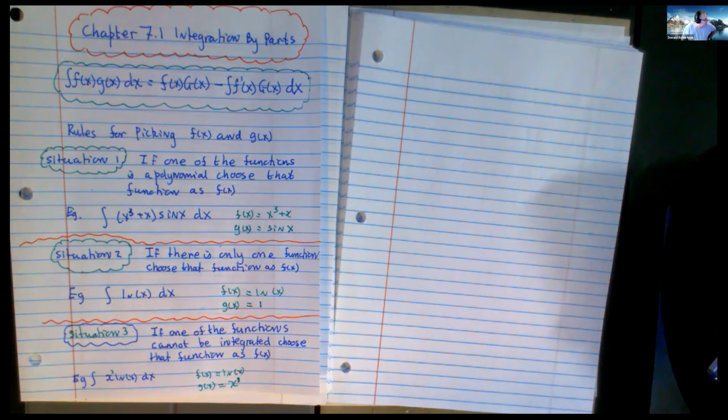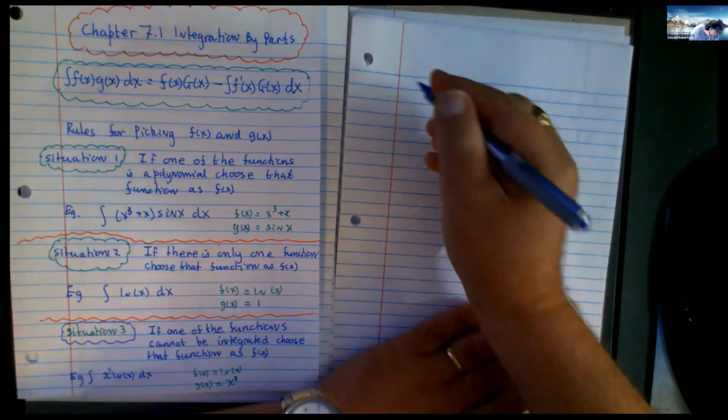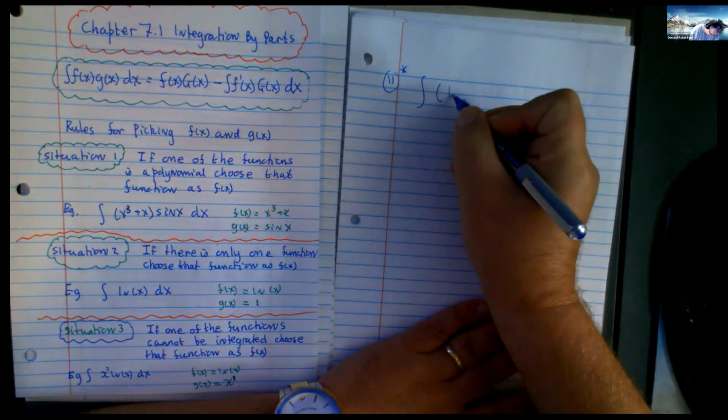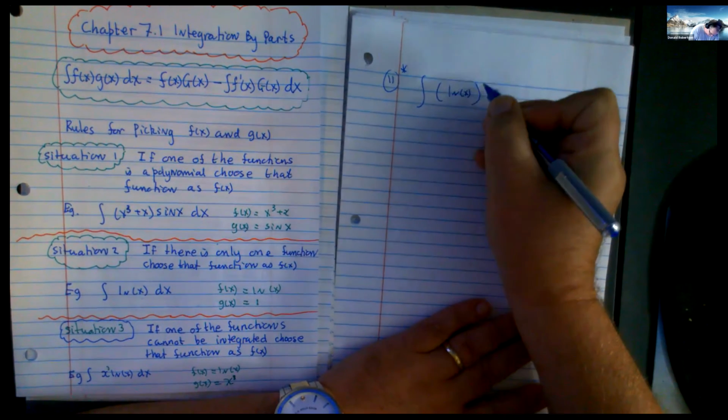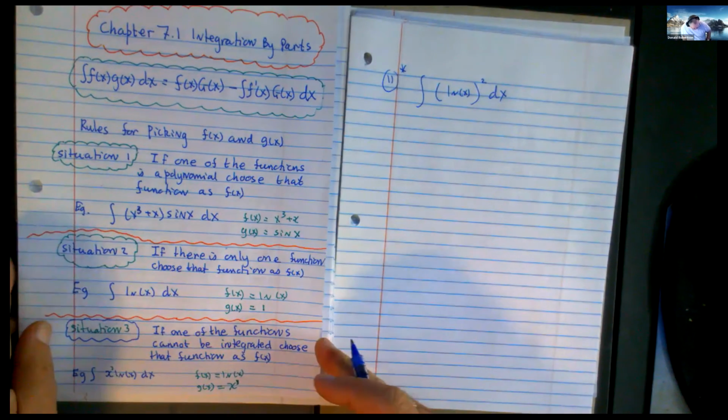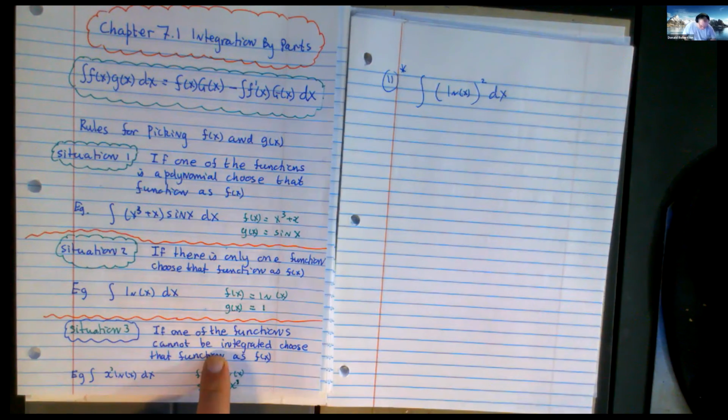Where shall we go next? Let's try a version of 11. Now, we already spoke about who we should do here. This is situation 3.